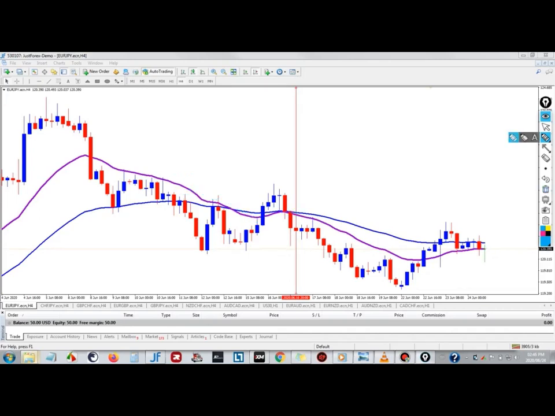So what you want to note on this higher time frame, which is the higher time frame of the 1 hour, you want to make sure, okay, what can you use to confirm that now yes, you can take this trade?